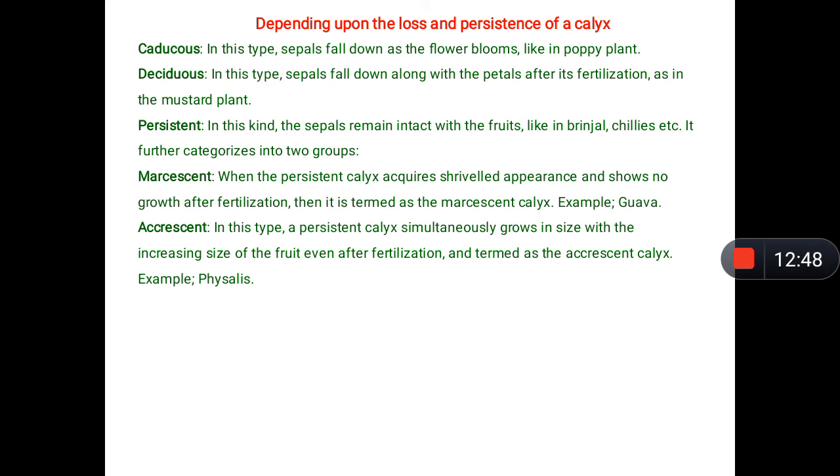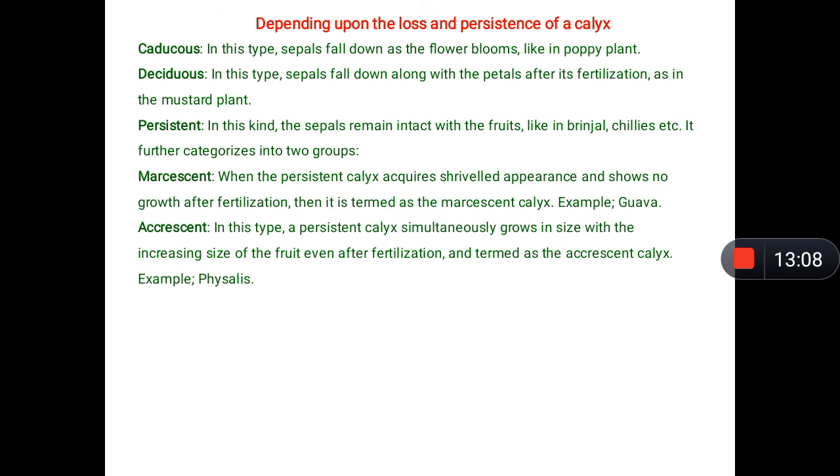It is further categorized into two groups. When the persistent calyx acquires a shriveled appearance and shows no growth after fertilization, then it is termed persistent calyx. Example is guava.